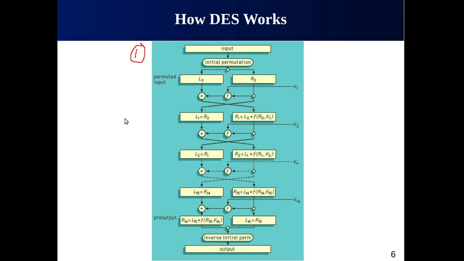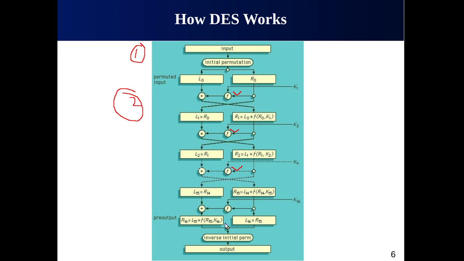The second one is a phase which consists of 16 rounds. And in every round, we are using the same function. As we will see in a moment, this function involves different things. We will see that it involves permutation as well as substitution functions.